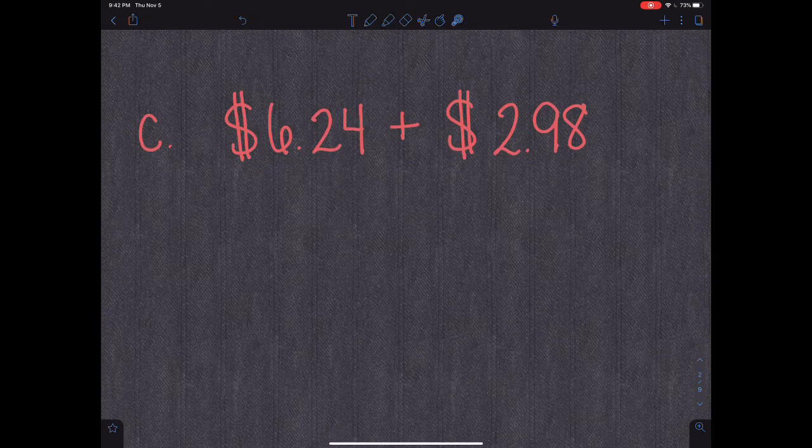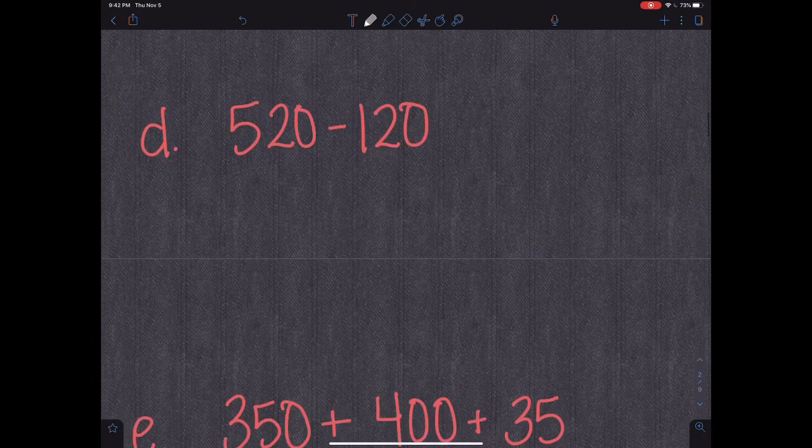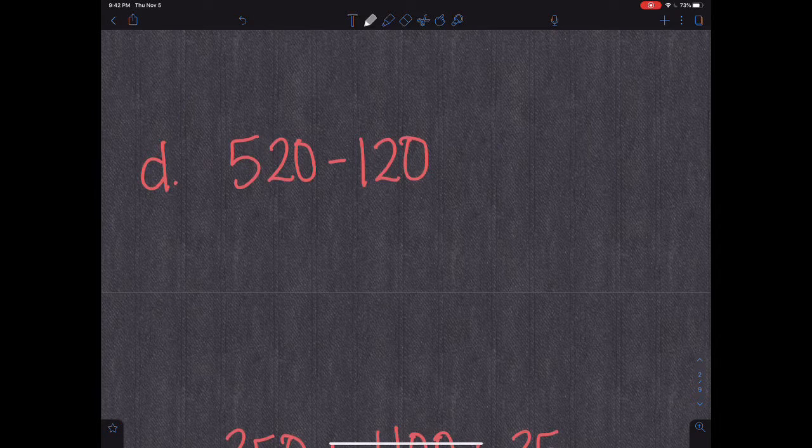On C, we're going to add $6.24 plus $2.98. Let's see if you can do that. You're pretty smart, so I don't want to give away the answer too much. All right, these are a little bit of a review. We're going to do 520 minus 120. And if I go too fast, then just pause the video, okay?